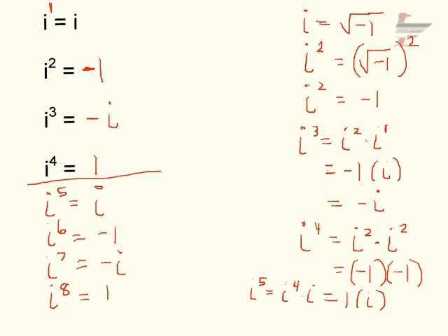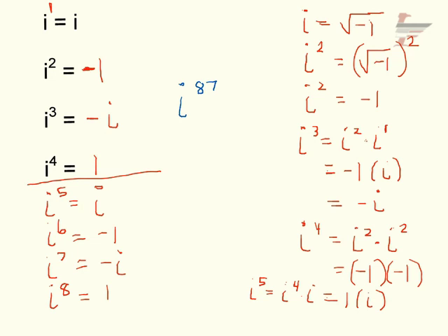So what if I wanted to know what i to the 87th is? Well, I don't obviously want to lay this out until I get to 87, but I know it's a pattern of fours. Every fourth number is one of these values.